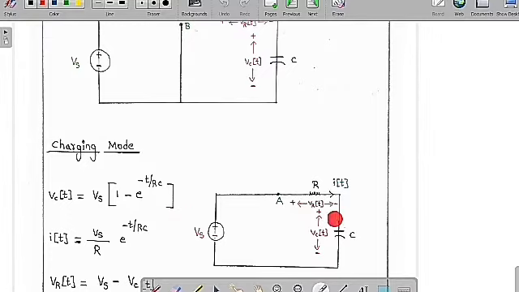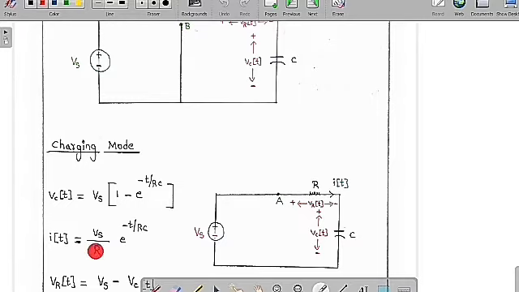And also, if you want to know the expression of the current, it is Vs by R into e to the power of minus t by RC. You can see clearly here at t is equal to 0, the voltage of the capacitor is 0. So therefore the current will become Vs by R. This is the initial or maximum current, and then it is going to decay, because the capacitor voltage is going to increase, meaning the current is going to decay.